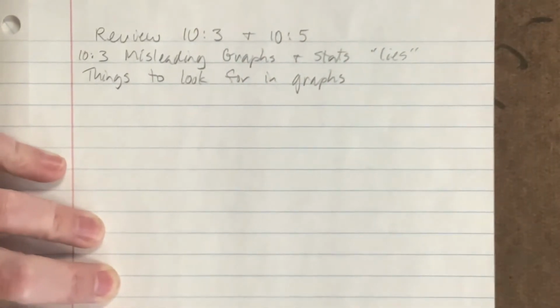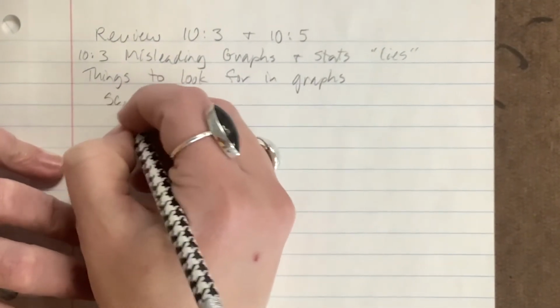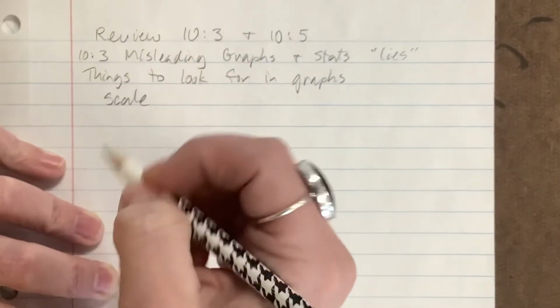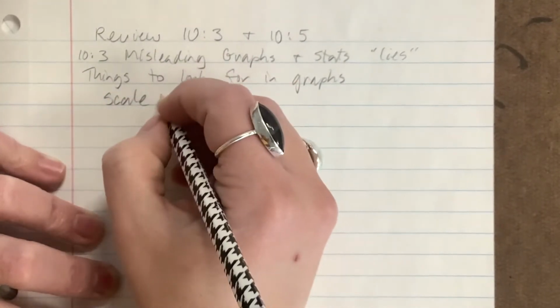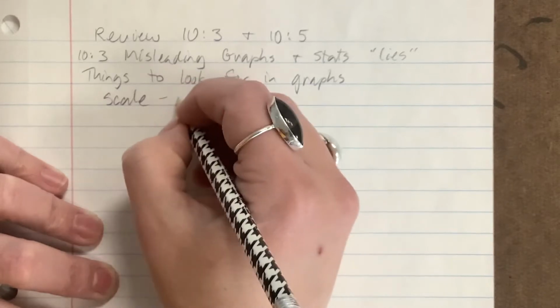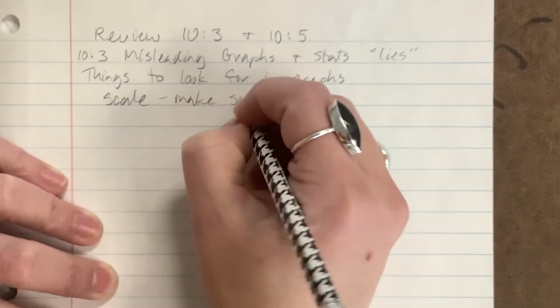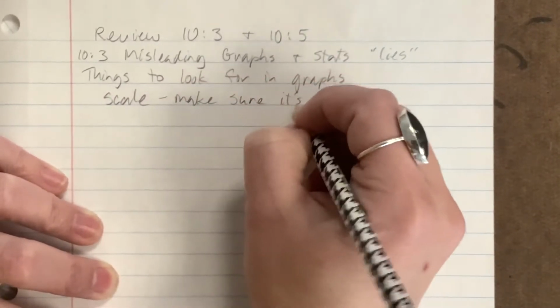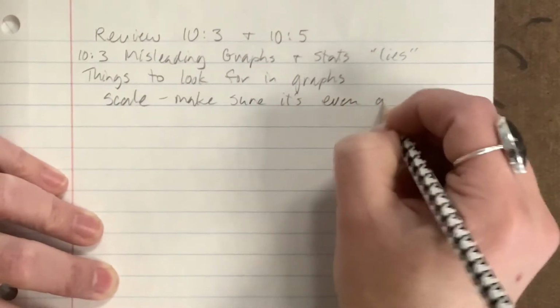Okay, so you want to look at the scale, which is the numbers on the sides, right? You want to make sure that it's even and starts at 0.